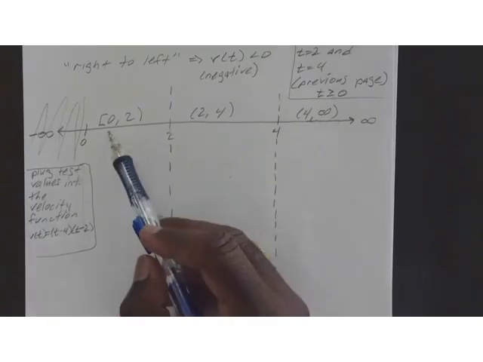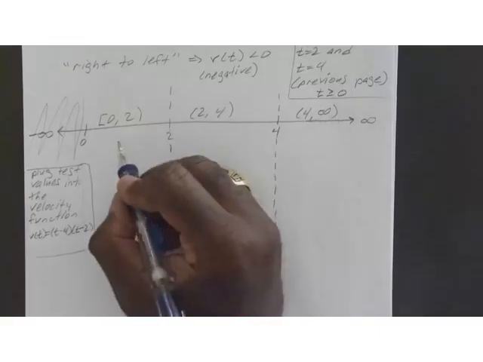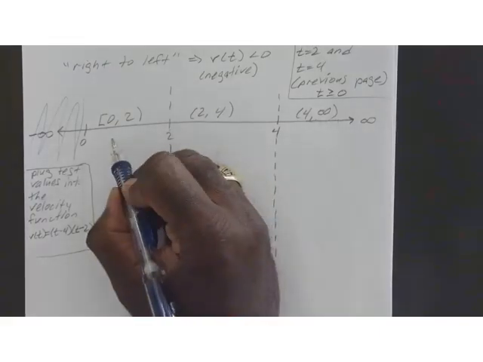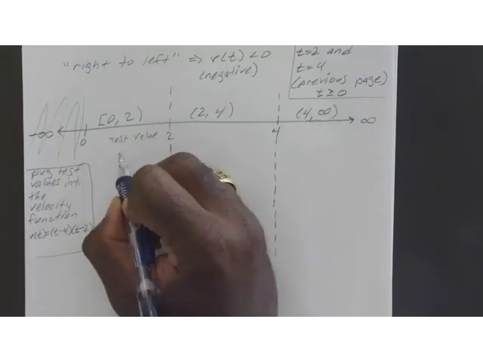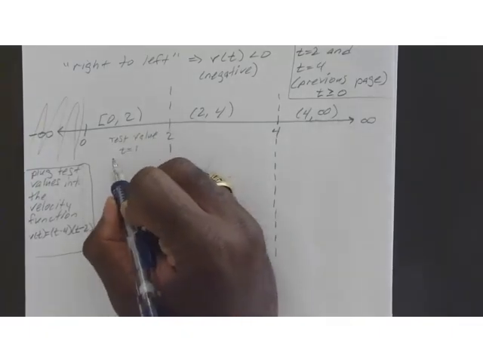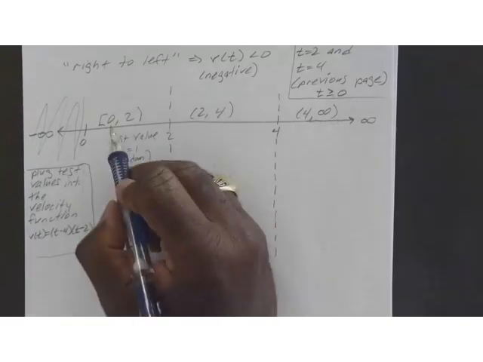Okay, so for the interval from 0 to 2, we can just plug in t equals 1. And again, that's completely random. You can pick any number between 0 and 2, except actually 2.